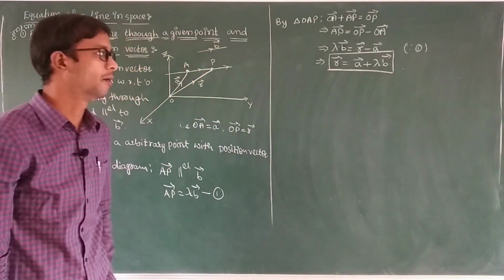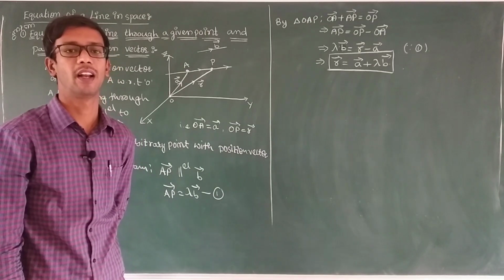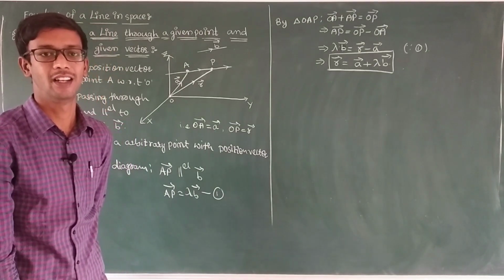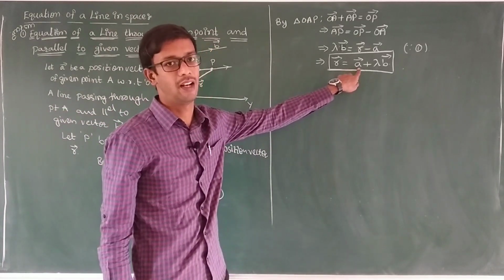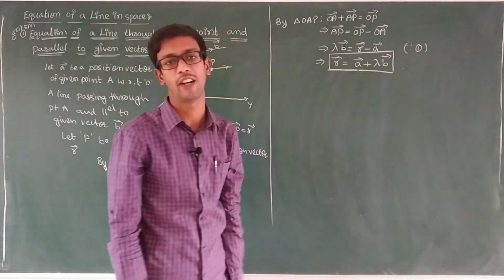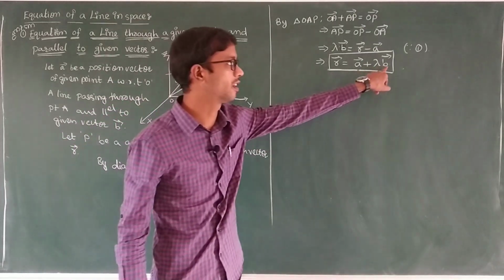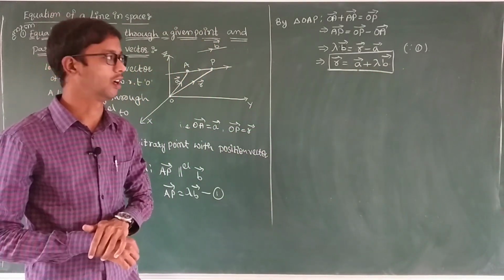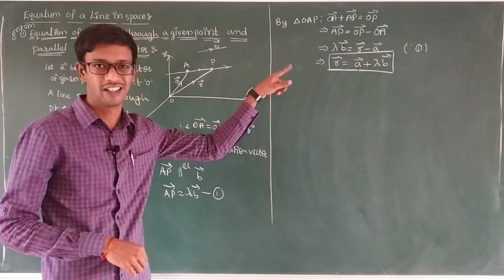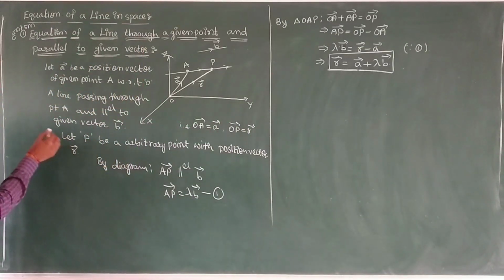A bar plus lambda B bar is the required line equation which is passing through point A and parallel to the vector B bar. This is the parallel vector and this is the position vector of the given point. So this form is called the vector form.